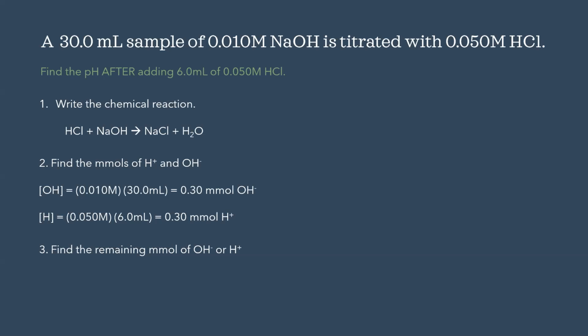So here in this example, we have 0.3 millimoles of hydroxide and 0.3 millimoles of hydronium. So now we have to calculate the remaining millimoles of hydroxide or hydronium. In this case, since the amounts are equal, we are left with no remaining hydroxide or hydronium.